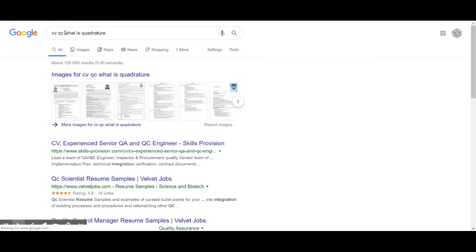What is a quadrature? Maybe they'll explain that. So the rotation operator basically rotates momentum and position. Yeah, it seems like it's rotating the momentum and the position, whatever that means. I don't know.